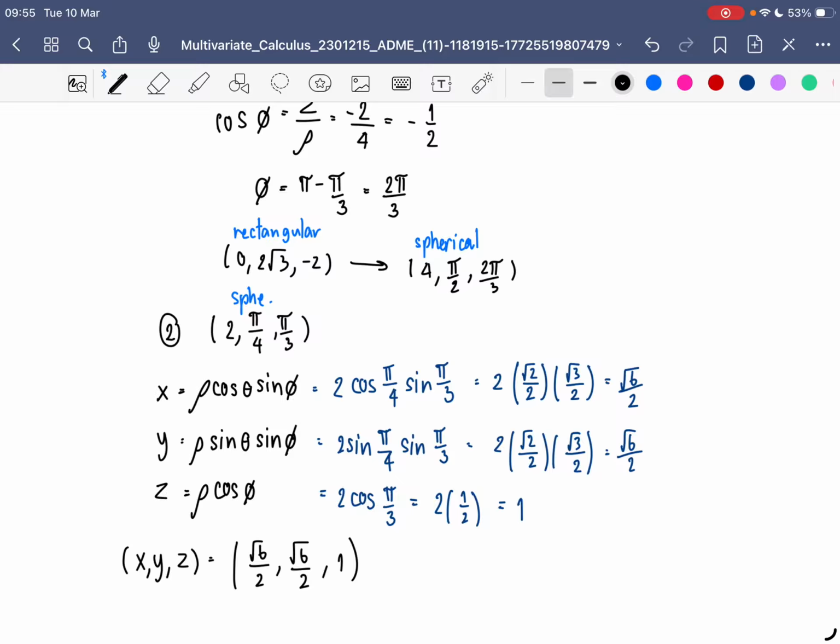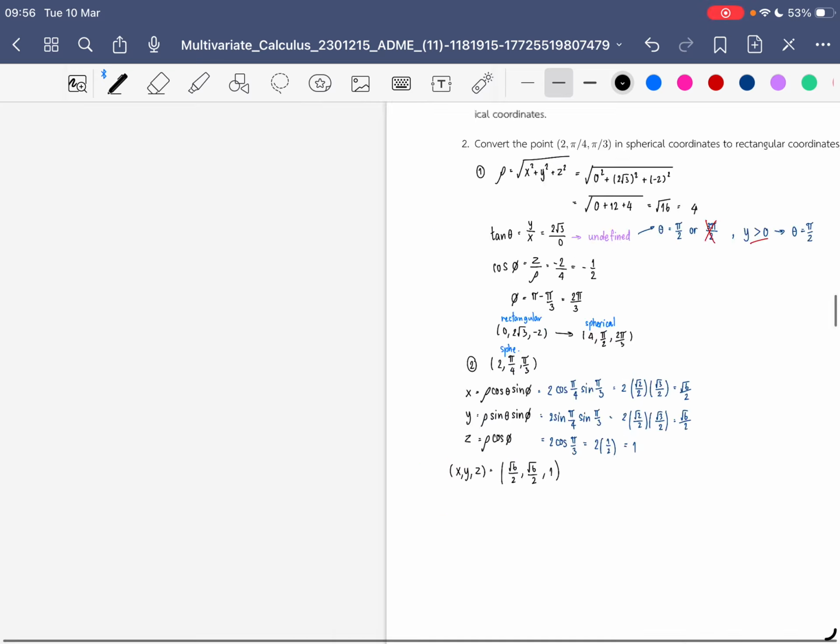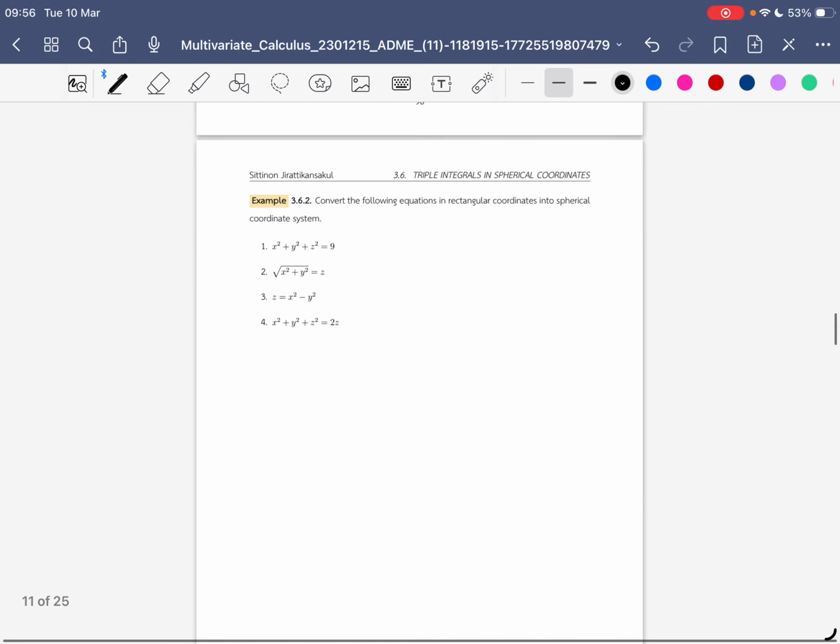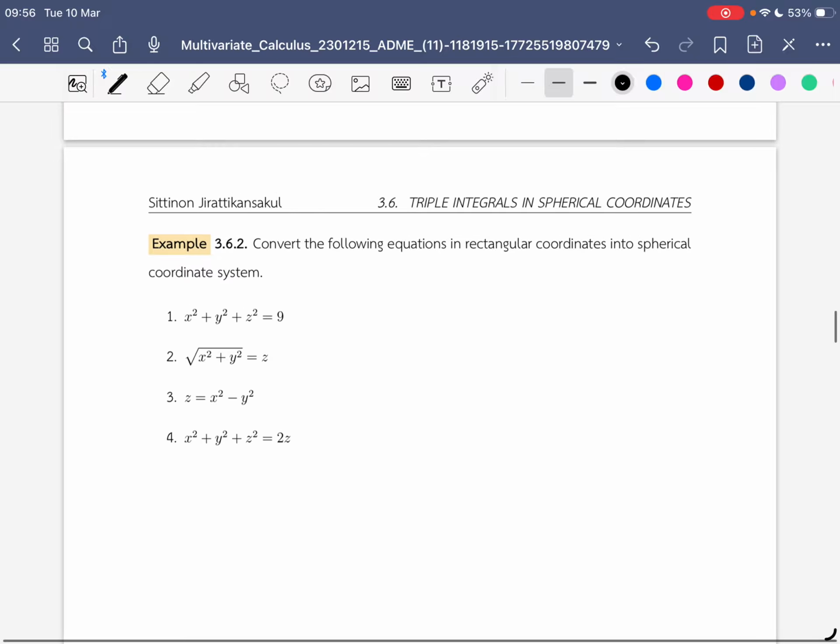As usual, we just change points from two systems. Now we're gonna change equations from one to another. So maybe I will do some of them which I think is more useful, and some which I think is much less useful I will not do, to save time, because there are some other works which take so much time. So the first one is x squared plus y squared plus z squared, rectangular to spherical.